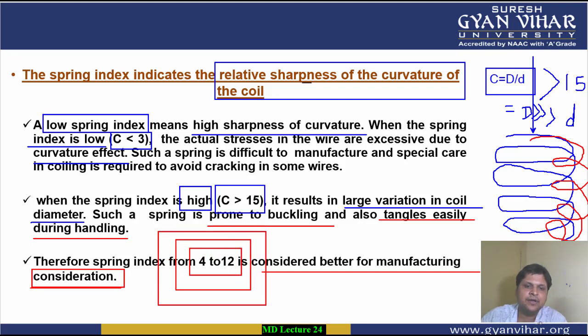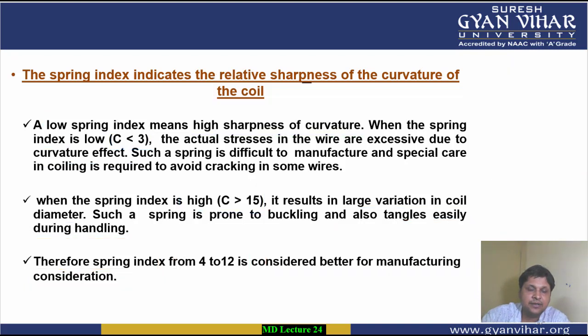If the spring index is between 4 to 12, then we consider it ideal for manufacturing. It means manufacturing will be very comfortable. Then this was the discussion regarding the spring index. As I have already told you, spring index is a very important parameter, and it decides the relative sharpness of curvature of the coil, and it also determines the manufacturing considerations of the design of the spring.